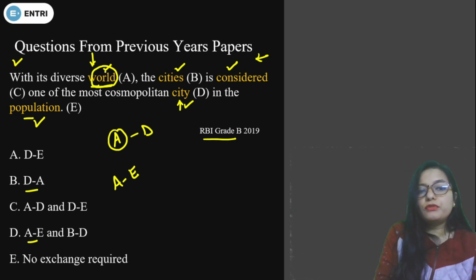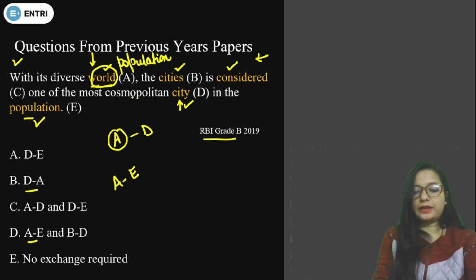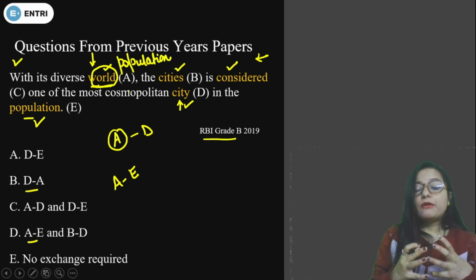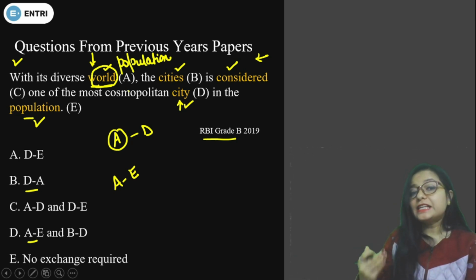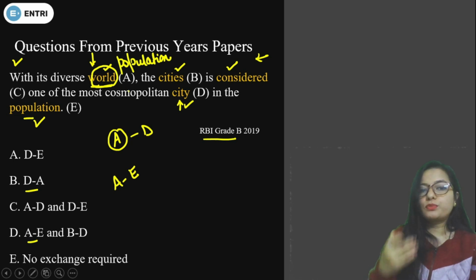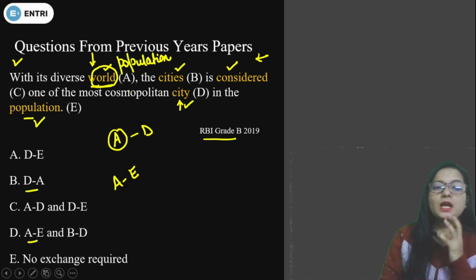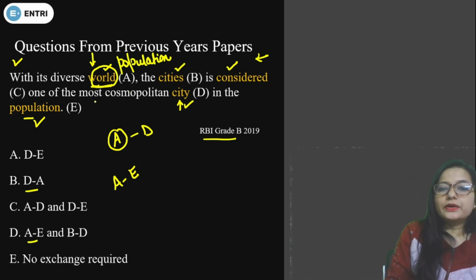Now if you write population here, let's read the sentence again. With its diverse population, the cities is considered one of the most cosmopolitan city. Now that is correct here, and we can also write world here, in the world.